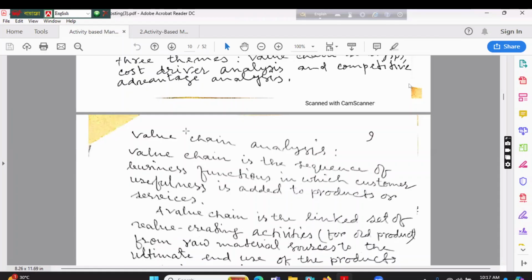This chain includes 6 parts or components. At first, research and development, then product and process design, then production, marketing, distribution, customer service.